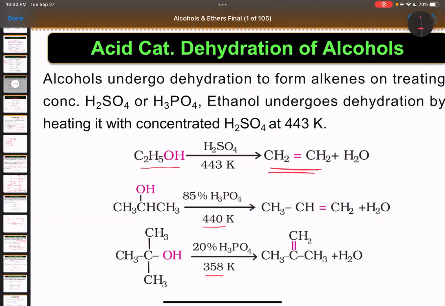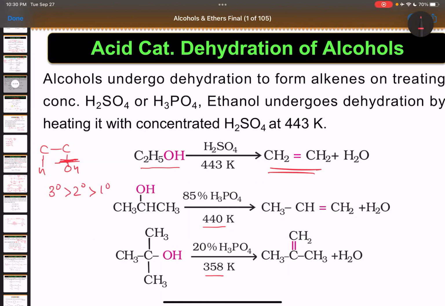But different alcohols undergo dehydration at different rates. Let me tell you that this dehydration is actually not the breaking of the O-H bond. This is the carbon-oxygen bond. And if you have the carbon-oxygen bond being broken, the rate is going to be tertiary, secondary, primary, right?